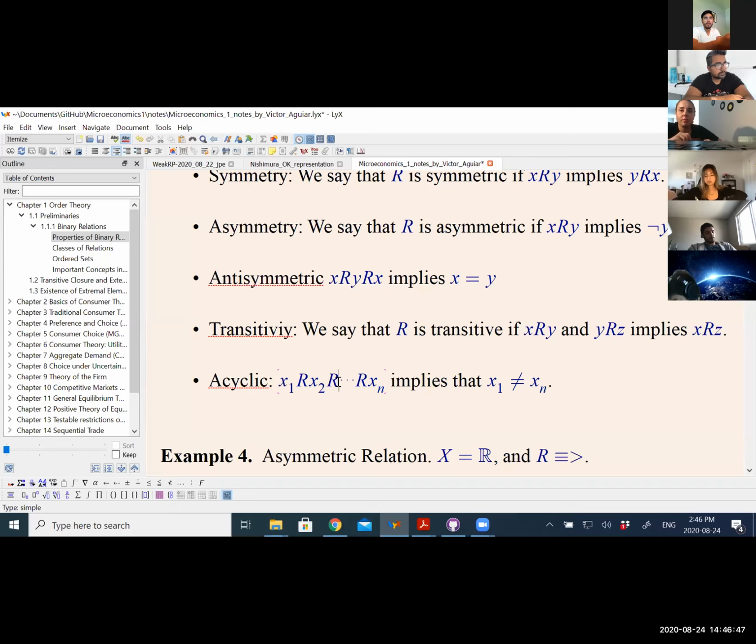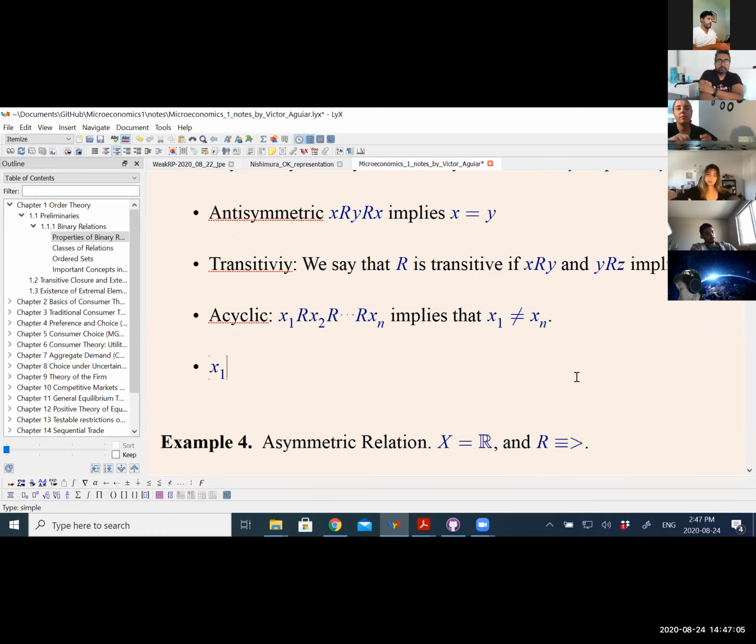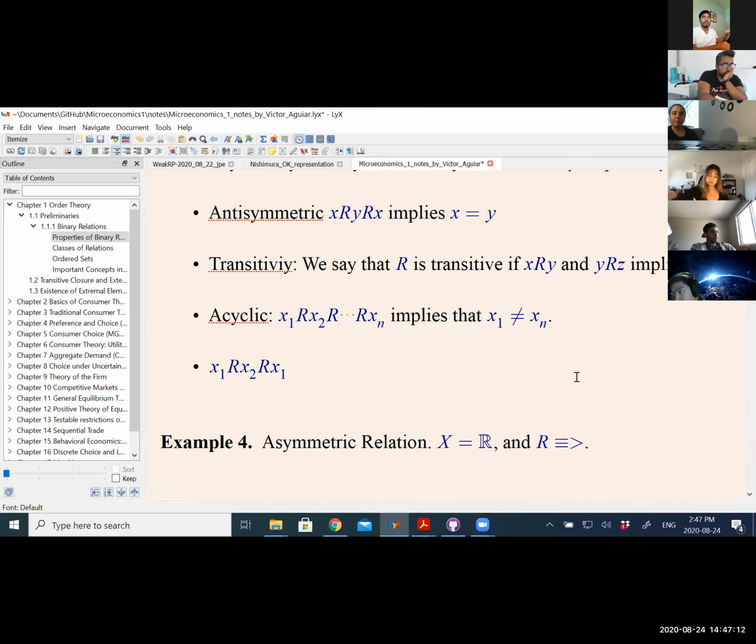And in fact, in this chain, the end of the chain is, of course, that x1 is equal to the final link, which is, of course, x1. So what I just described is this: I say x1 is friends with x2, and x2 is friends with x1. That's a cyclic relation of size 2, okay?